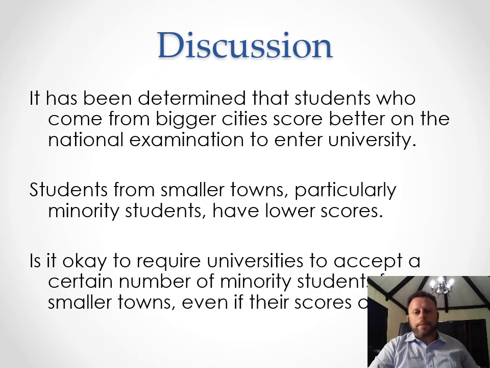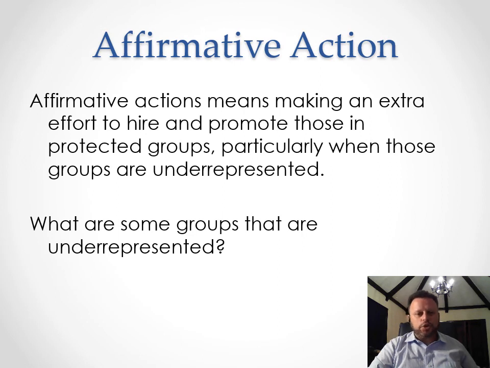The next thing to talk about is this discussion that we'll talk about together in class, but it leads us to an idea of affirmative action, which is something I need you to know. And affirmative action is about making an effort to hire people in, and here's the word I said again, protected groups, especially underrepresented groups. So what are some groups that are underrepresented?